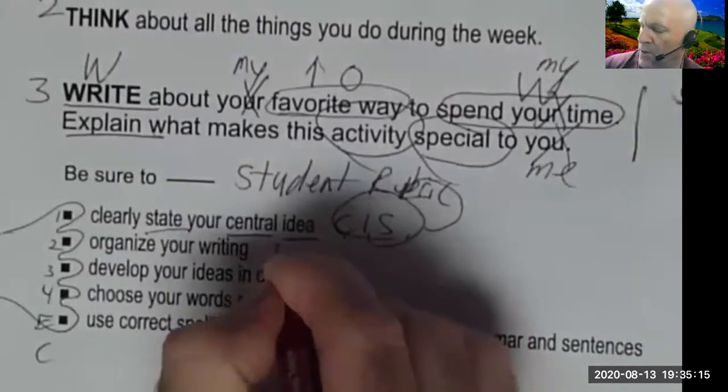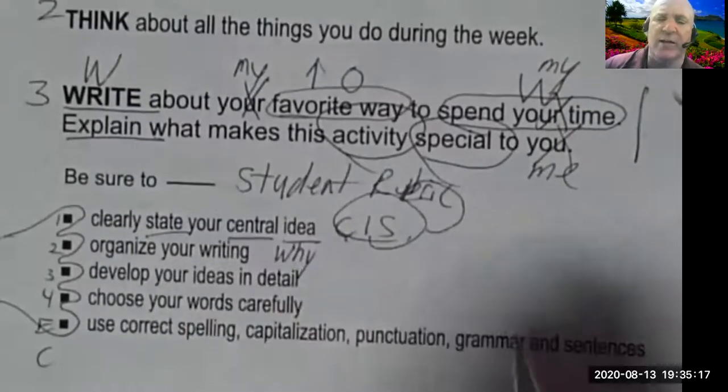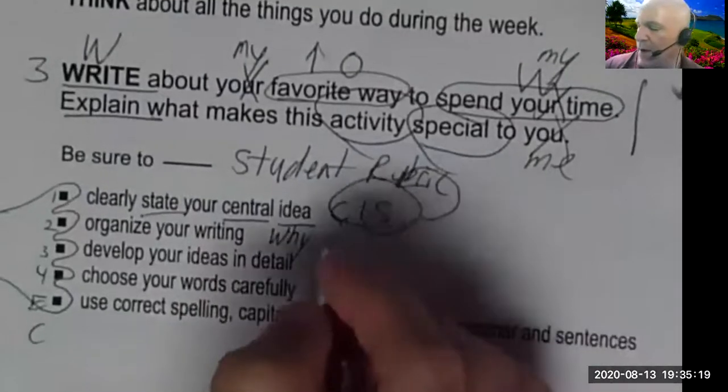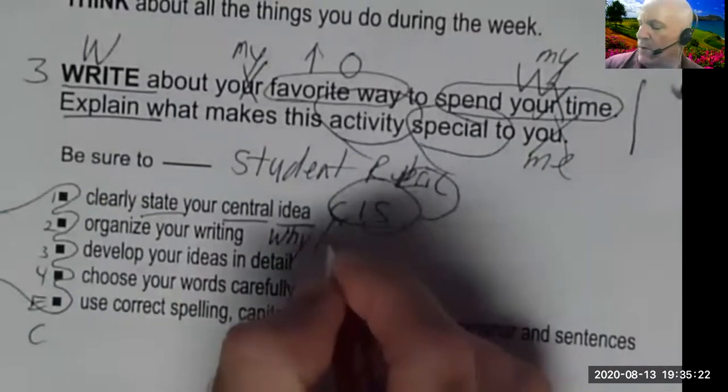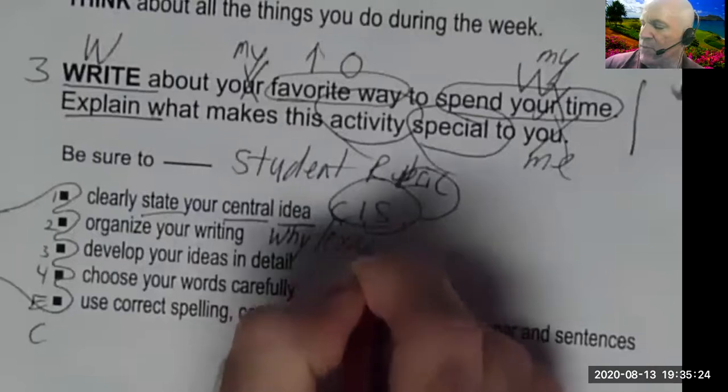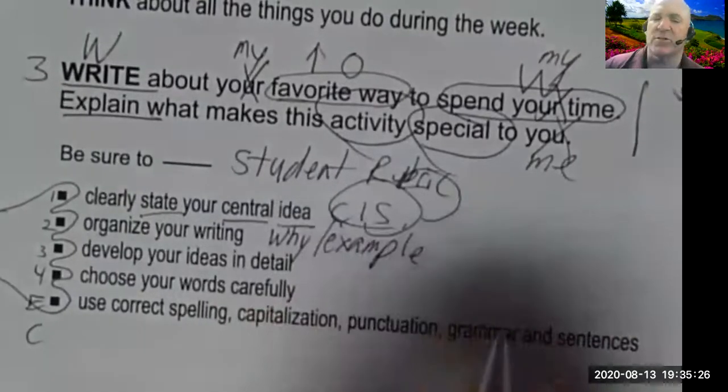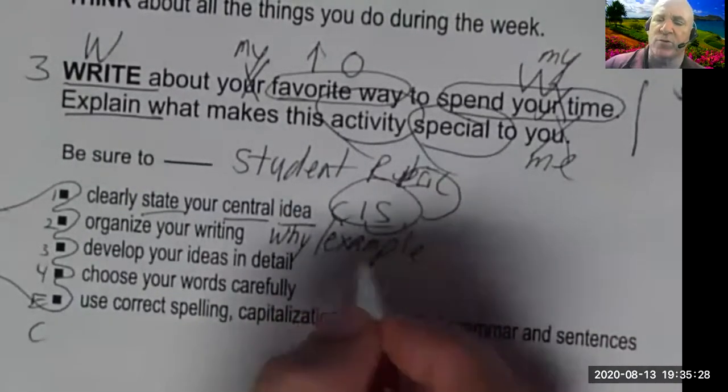So what they'll look for, if they can see that you're giving reasons why, and or you're giving examples of what you mean, that's the right structure for expository.